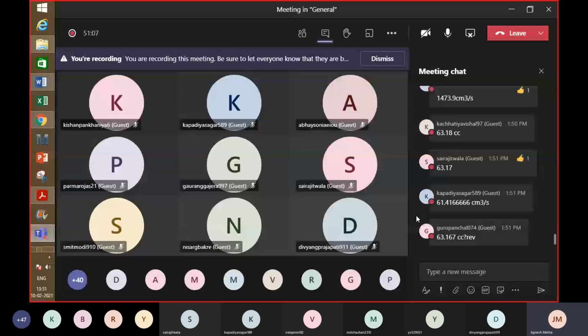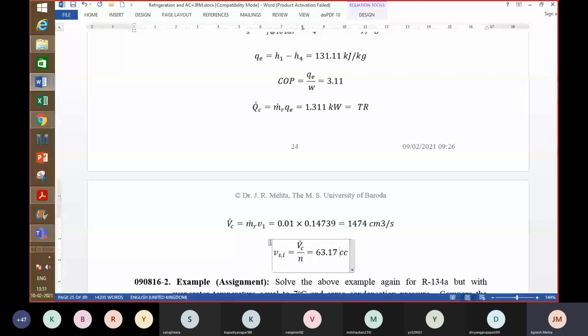So let's say 63.17. Though we commonly write centimeter cube, you can either write centimeter cube or CC.